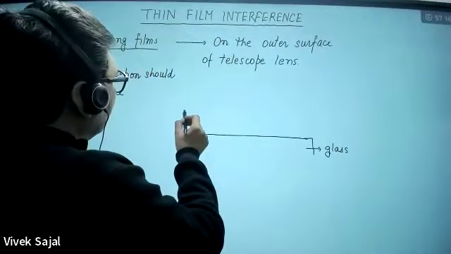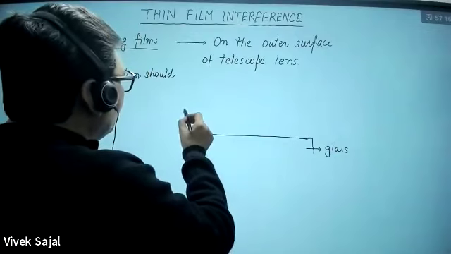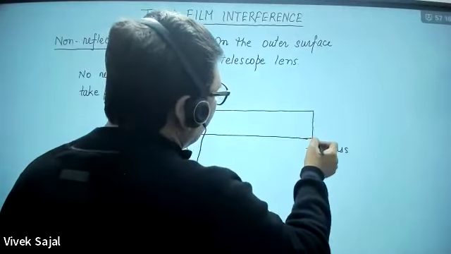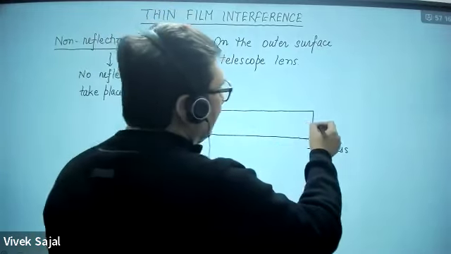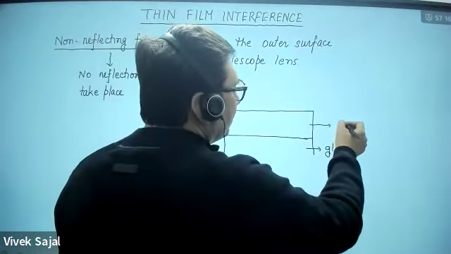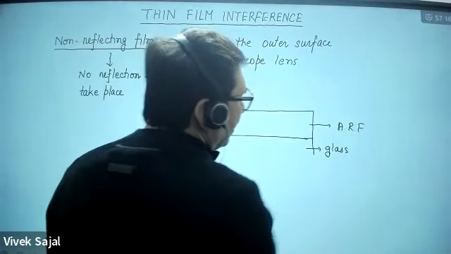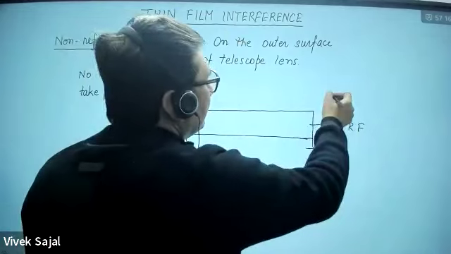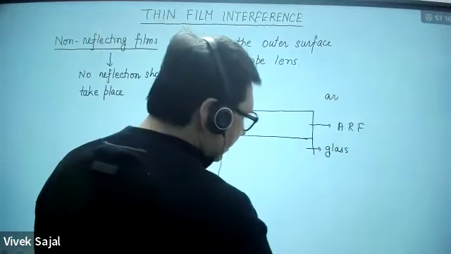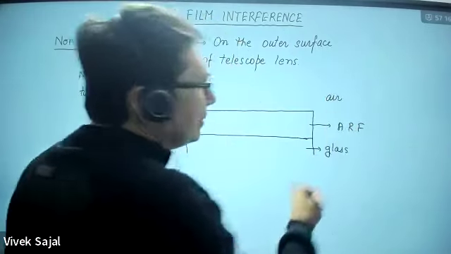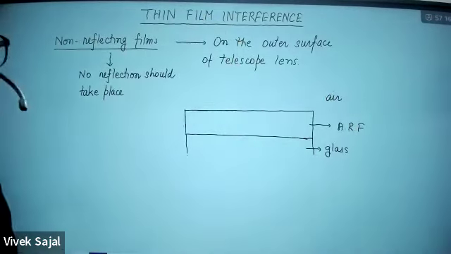So on this, there will be a film. This is the anti-reflection film. And on this side, this is air. The first medium is air, second is film, and third is glass.